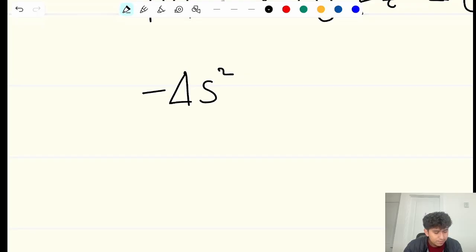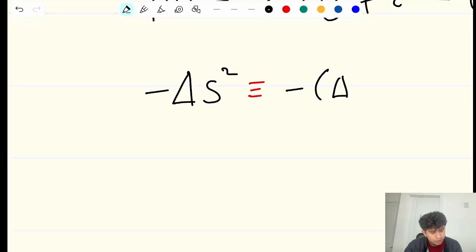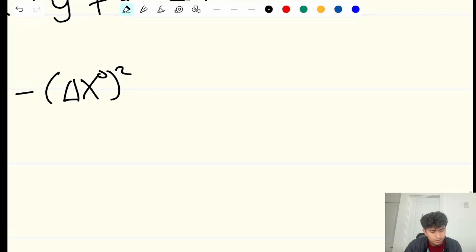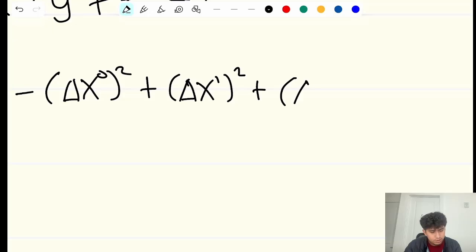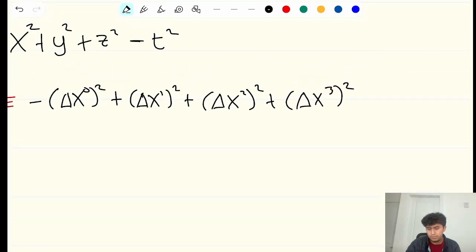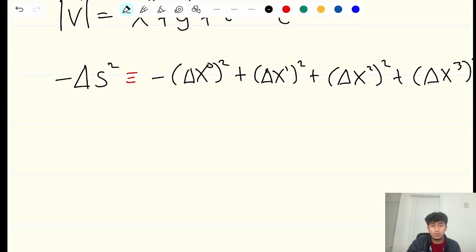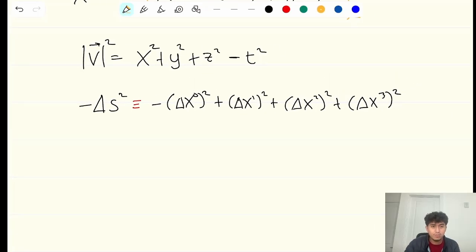And we define it like this, by the components: delta x0 squared plus delta x1 squared plus delta x2 squared plus delta x3 squared. The signs can differ depending on the convention, but we're going to use this convention. Don't worry about conventions. That's going to come later.